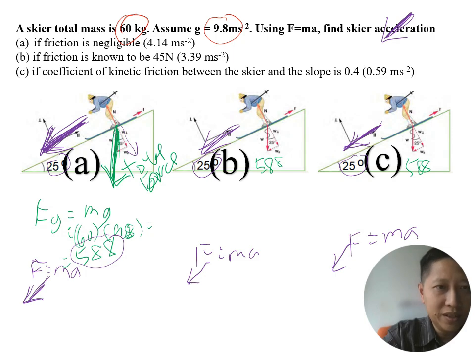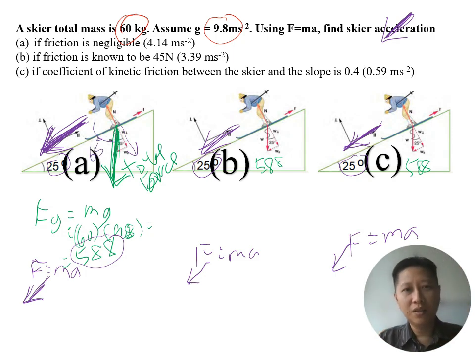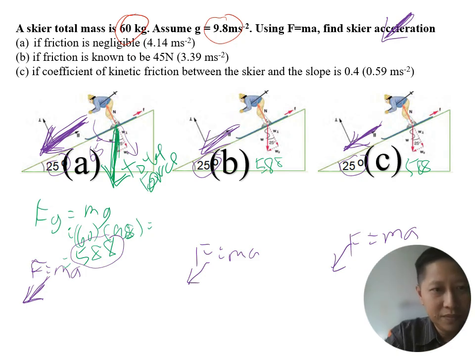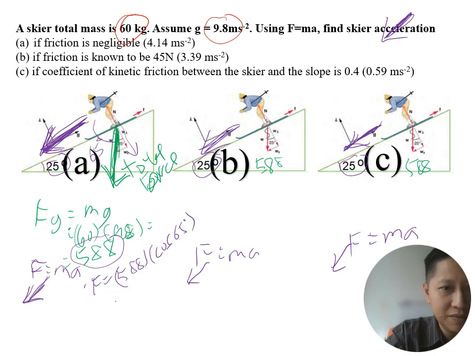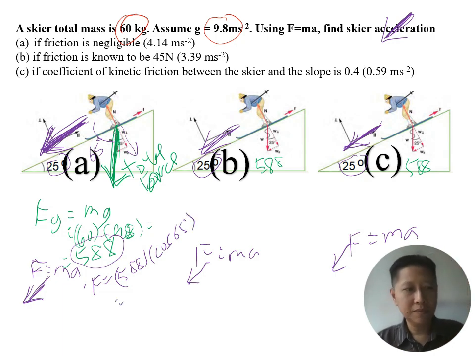Since the angle here is 25 degrees, we have the balance of 65 degrees here. To find the purple force, F equals 588 times cos 65, and we get the value of 248.5.